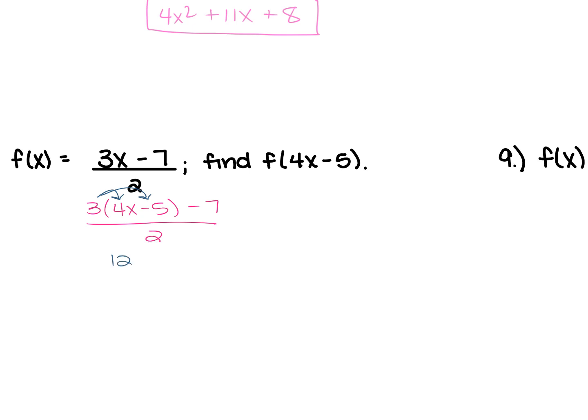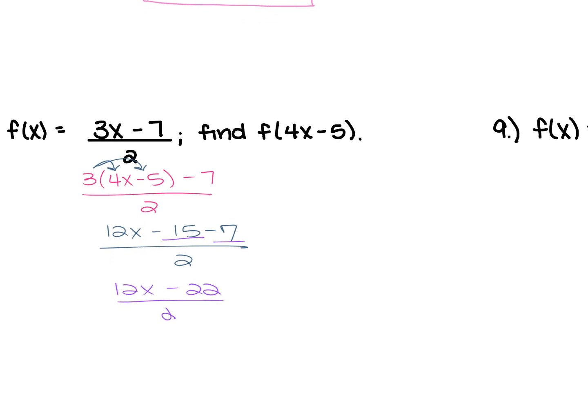That gives us 12x minus 15 minus 7, all over 2. So next, we combine like terms. So that's 12x minus 22 over 2. Your 12x and your 22 are both divisible by 2 to give you 6x minus 11.